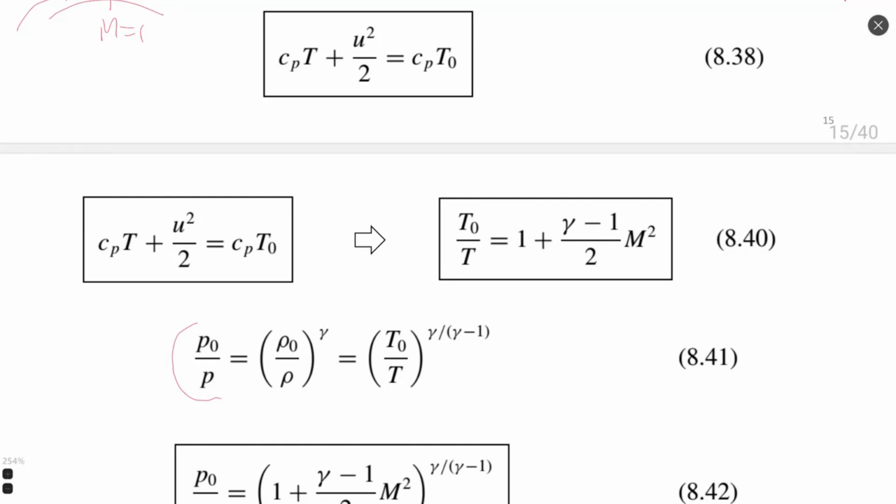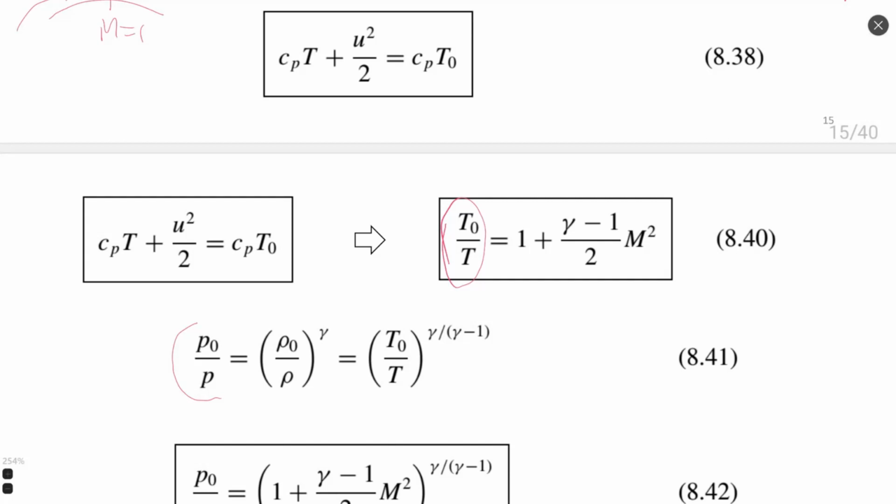For example, I will divide all by Cp, this equation 38, and I will put on the left temperature ratio. So let's divide all by Cp, divide all by T then, right? Let's try at least. I hope we can make it.